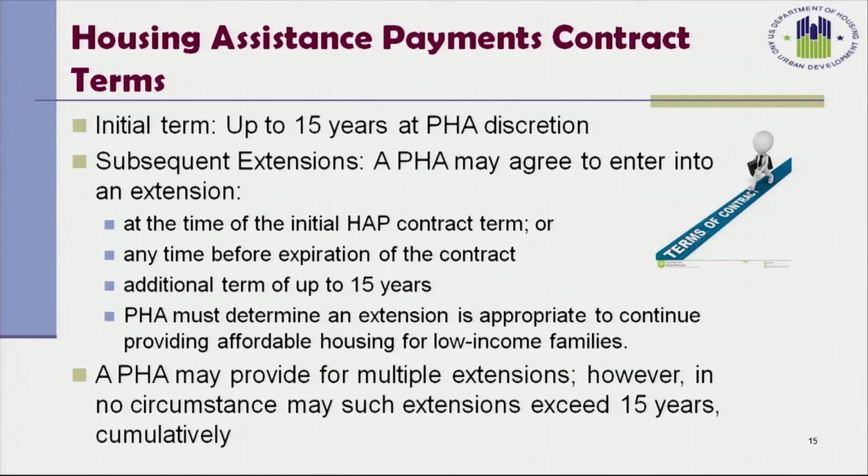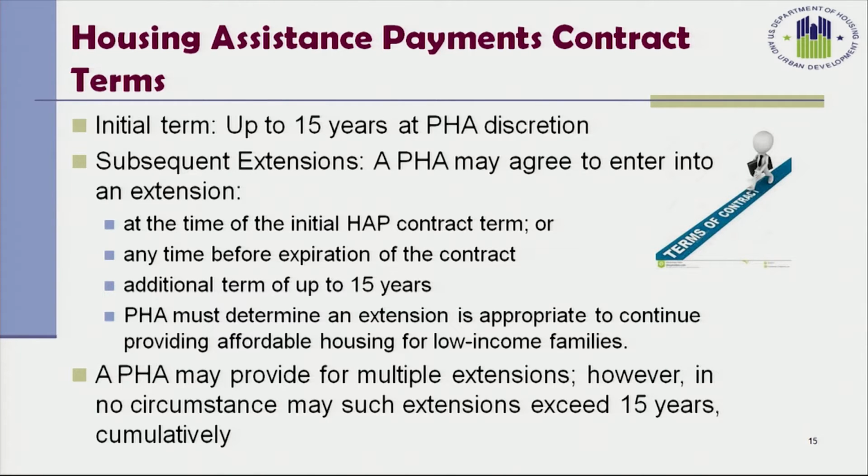Subsequent extensions. A PHA may agree to enter into an extension at any time before expiration of the contract. The PHA may also enter into an extension at the time of the initial HAP contract.